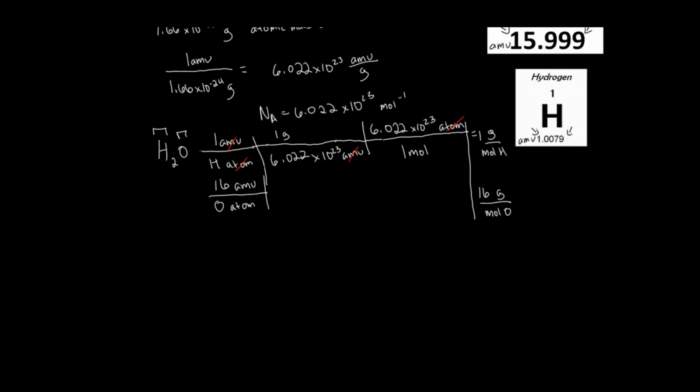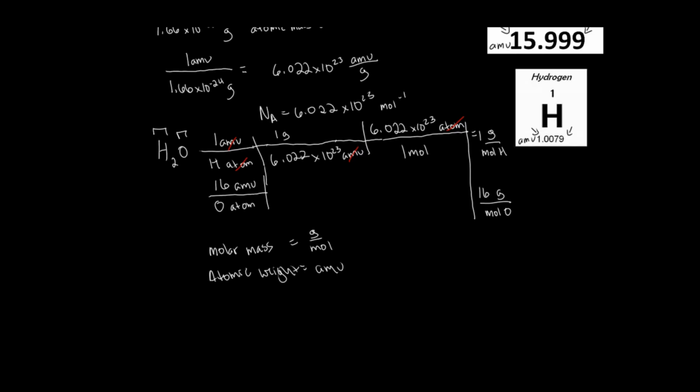So, with this, we know that as far as we're concerned, when we look at a molar mass, as we call it, we're looking at how many grams per mole something is. Okay? And when we look at atomic weight, we're looking at its AMU.